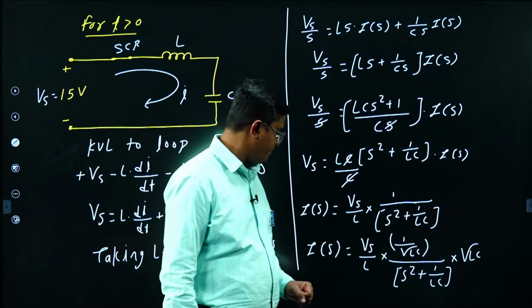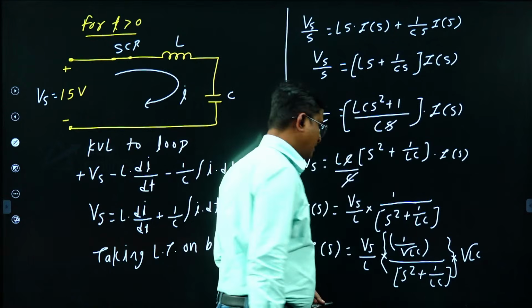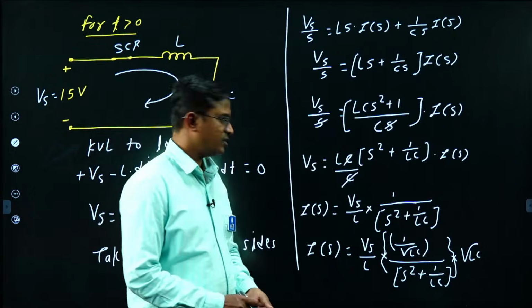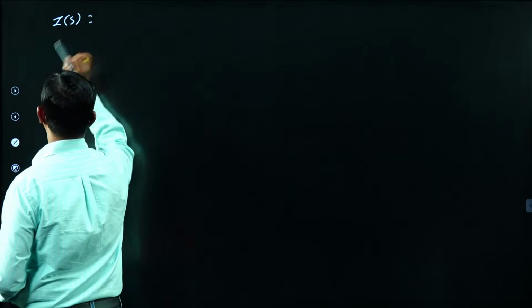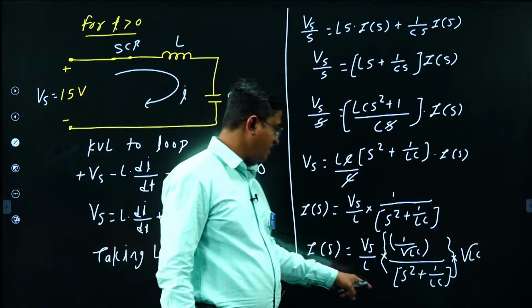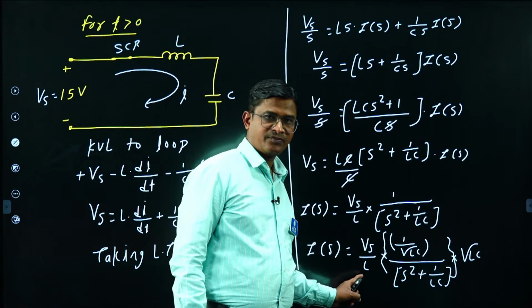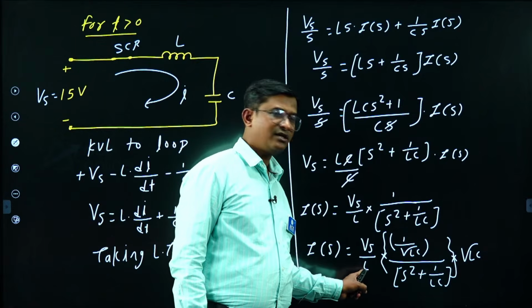Now this 1 by root LC I am going to represent as omega 0. So I of S equal to Vs by L and this root LC. Out of that, root L cancels out. So in the denominator we will be getting Vs into under root C by L total.